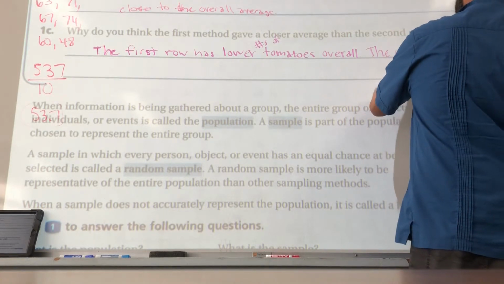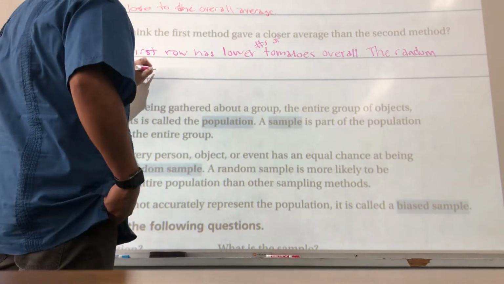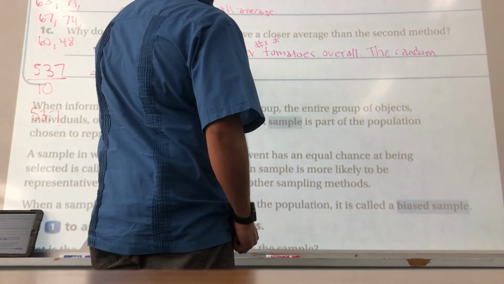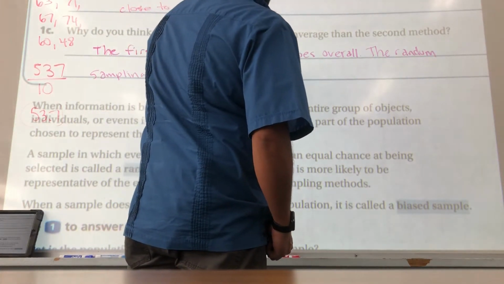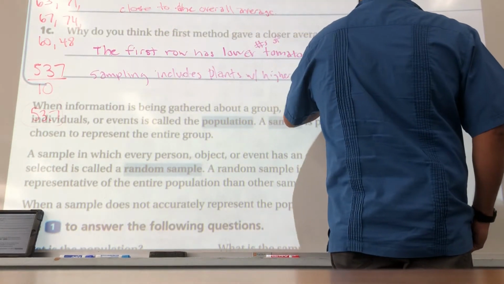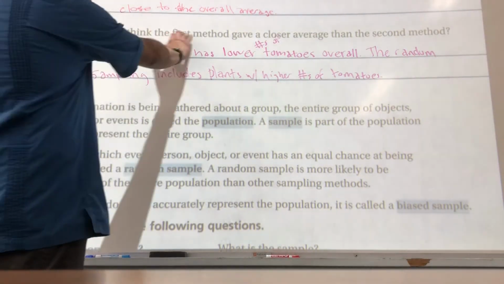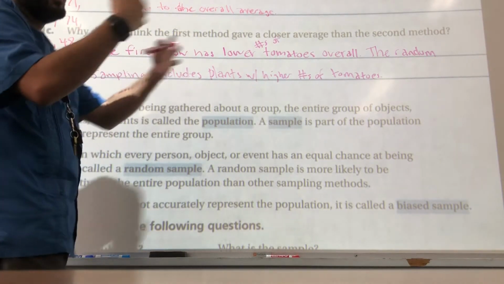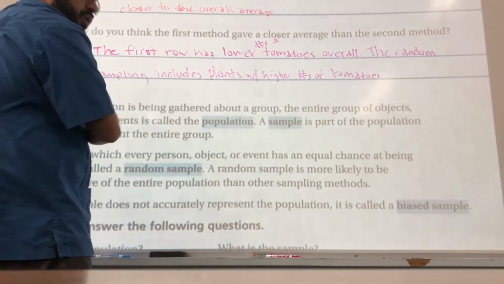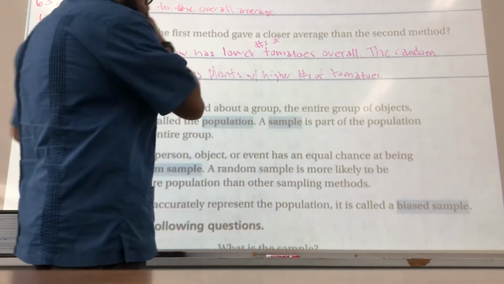The random sampling includes plants with higher numbers of tomatoes. Okay, so the random method is going to give us a closer average because it includes higher-number tomatoes. Whereas in that first row, it was very straightforward, boom, these are how many tomatoes there are, and they were all low-bearing tomatoes, okay?